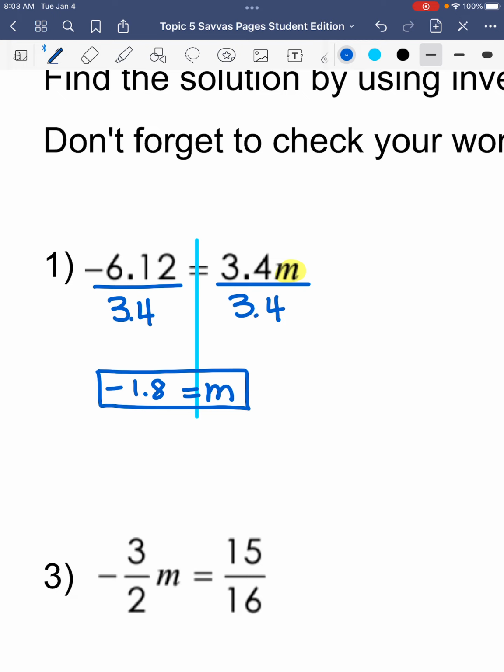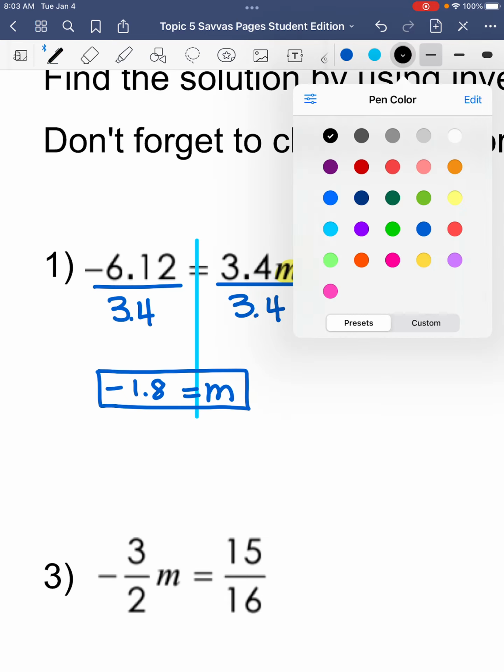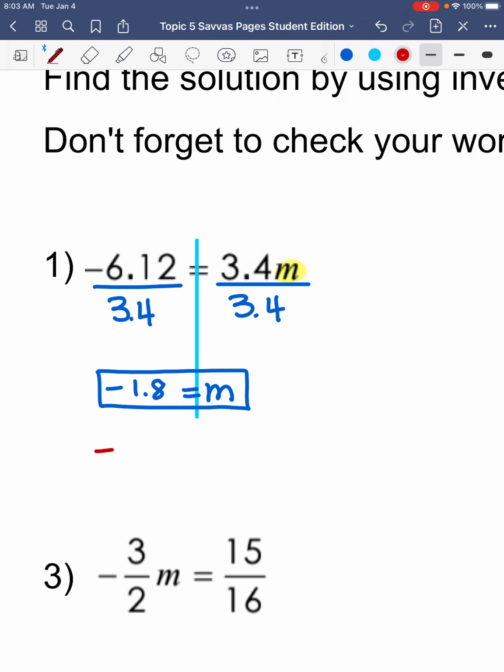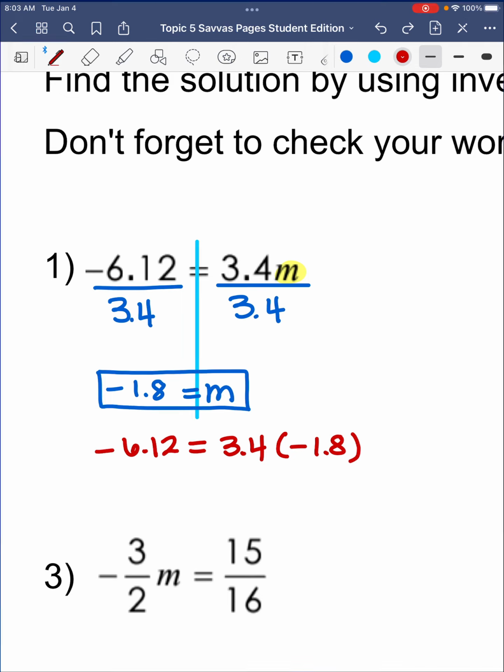Now, we can always check our work, and we check our work by plugging in negative 1.8 for m. So it would look like this. Negative 6.12 equals 3.4 times negative 1.8. And I want to make sure that 3.4 times negative 1.8 is going to be negative 6.12. So I'm going to go back to my calculator.